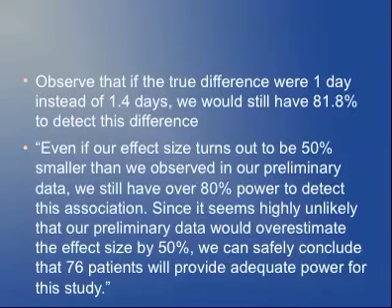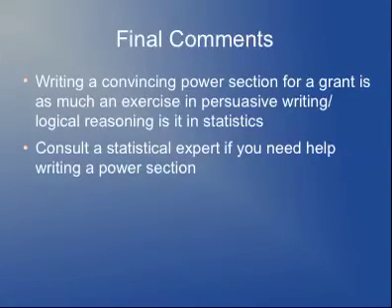You can spin it something like that. Just try to come up with some reason why the numbers that you plugged in are conservative, so that you can say, even if these numbers are wrong, we still have enough power. Honestly, writing a power section for a grant is almost as much of a persuasive writing exercise as it is a statistical exercise.